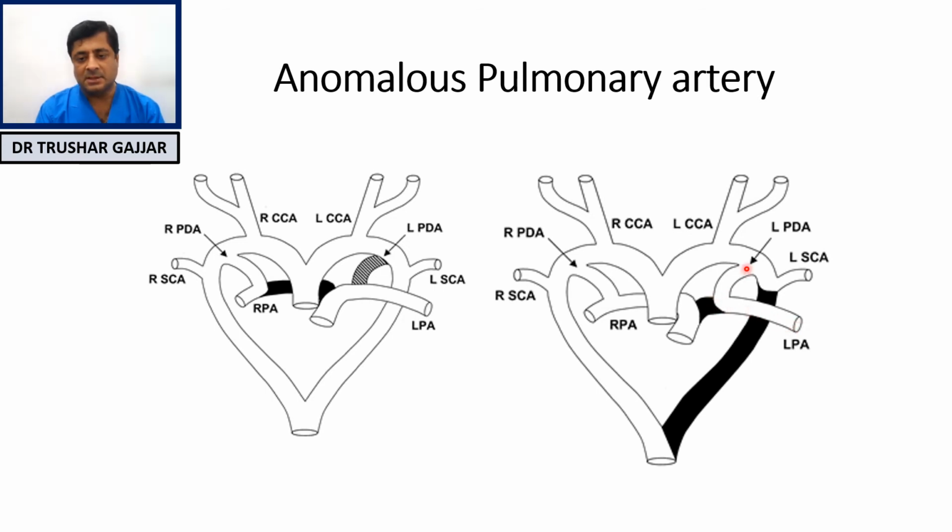So that means here the left pulmonary artery is absent from the main pulmonary artery, but it is originating from the left PDA, or the PDA continuing as a left pulmonary artery. Both these anomalies are called distal ductal origin of pulmonary artery. This is the right pulmonary artery and here the left pulmonary artery.